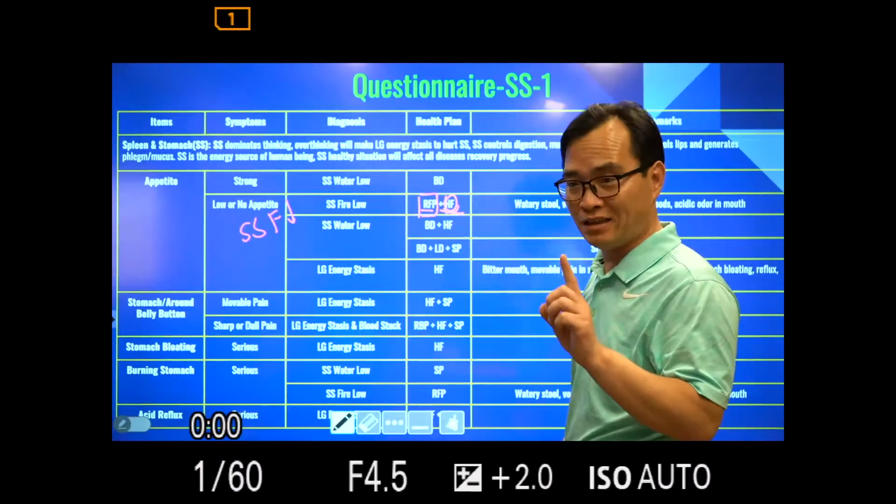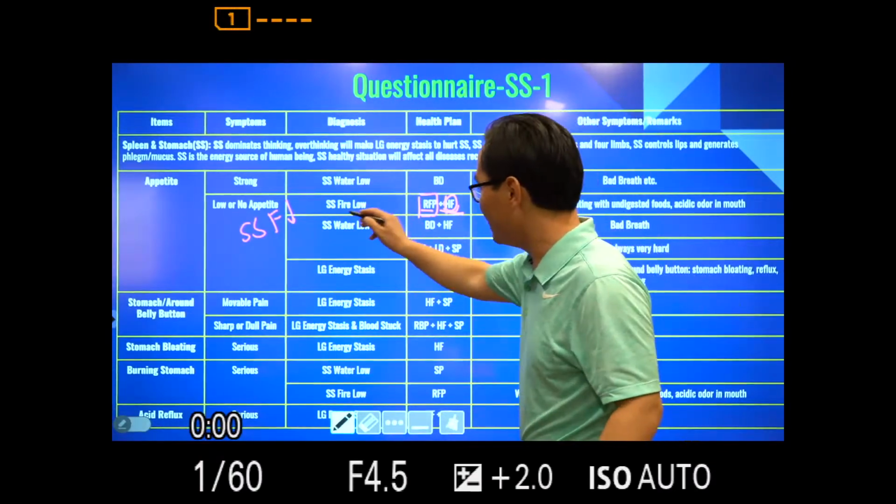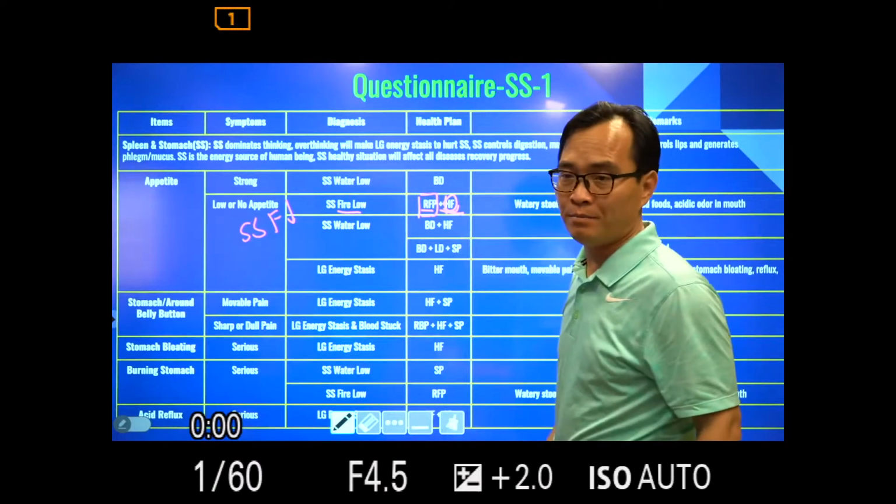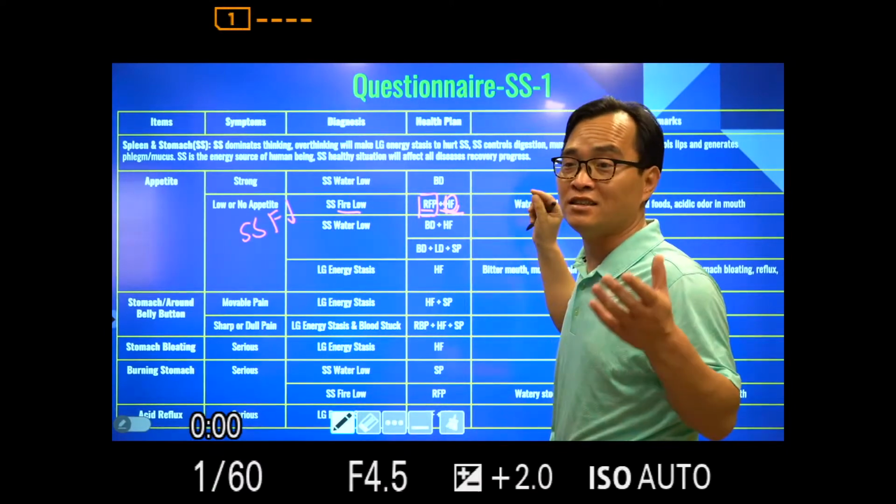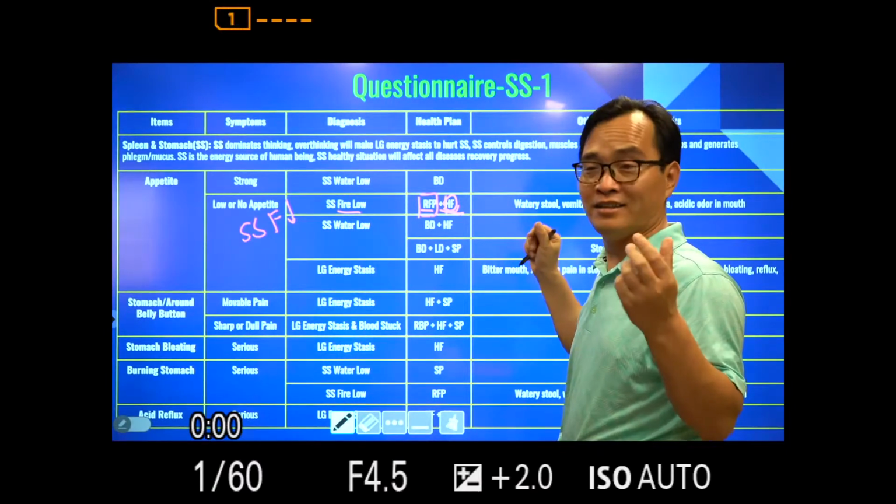Who is the major formula for this problem? Sure, it is the renal fire pill. And Happy 40 is just like an assistant.